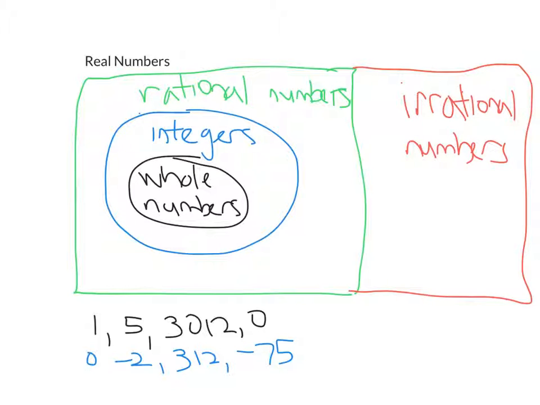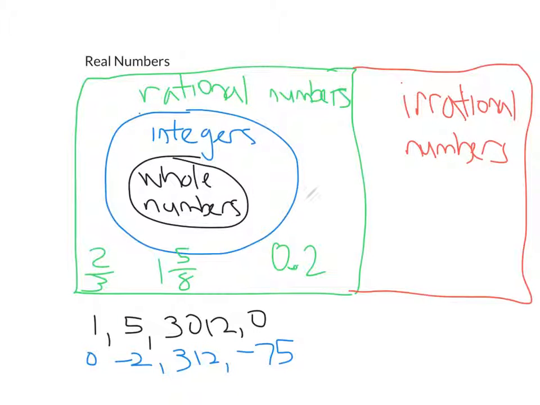But rational numbers also include fractions, like 2/3. They also include mixed numbers, like 1 and 5/8, because that can be represented as 13/8. They also include decimals. If you have a terminating decimal like 0.2, that's going to be 2 divided by 10.